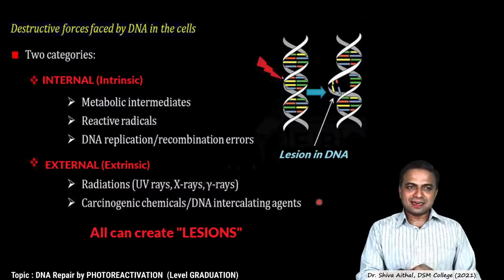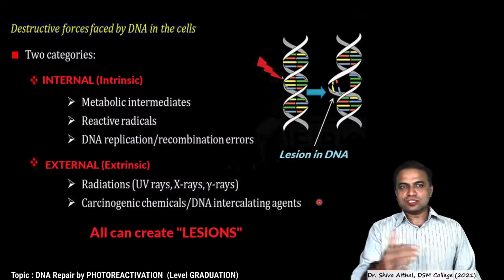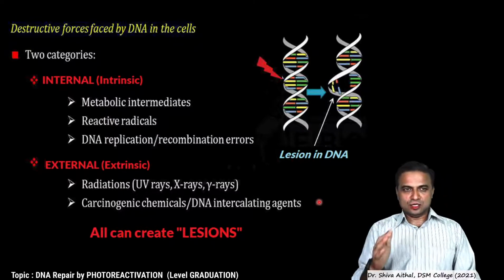One is internal and the other is external. We'll call them intrinsic factors, or intrinsic activities being disturbed, and external forces which are faced by DNA in the cells. So intrinsic: metabolic intermediates.